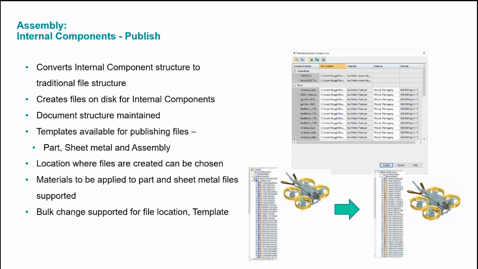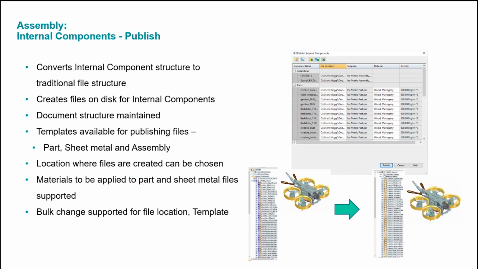Instead of opening them as internal components all the time, we can publish them so that they get saved as traditional Solid Edge files. Saving these internal components depends upon the selected part templates, like whether you're working with a part or sheet metal. Let's have a look at a couple of examples.